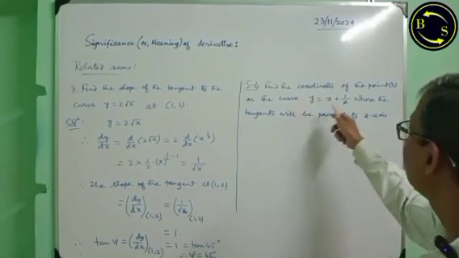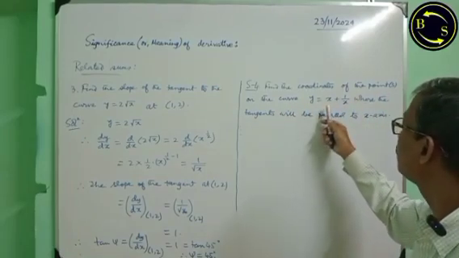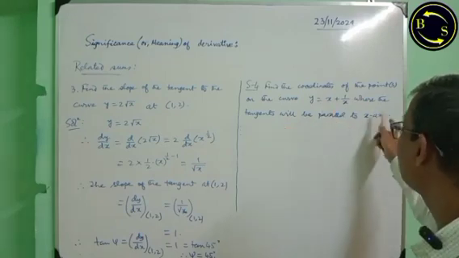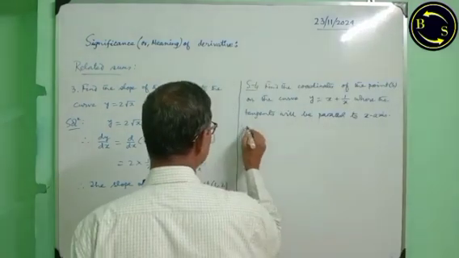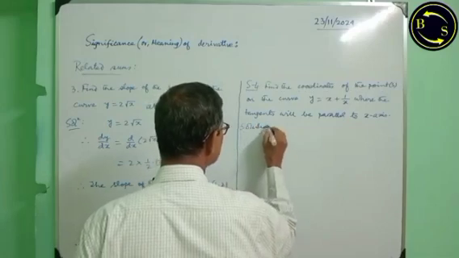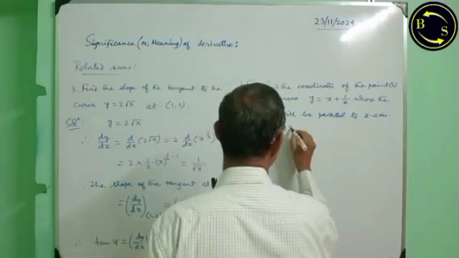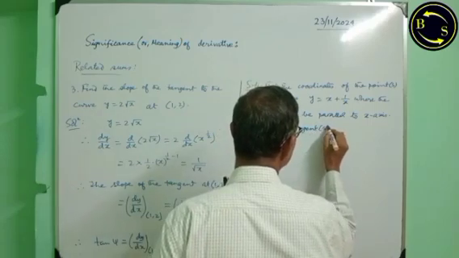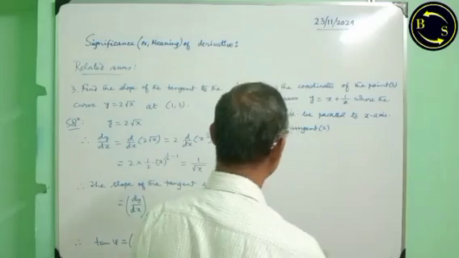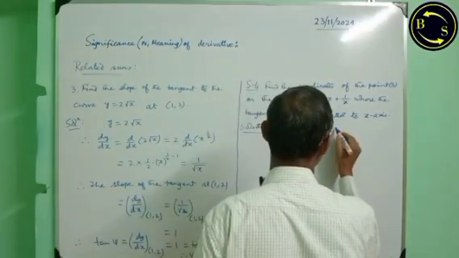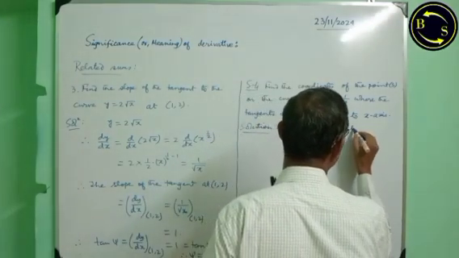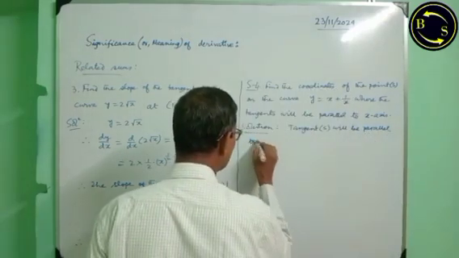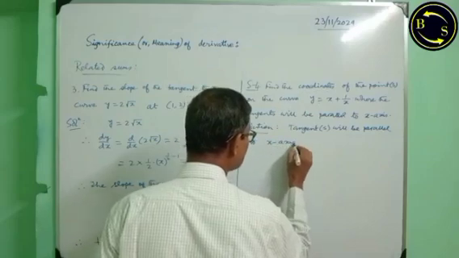Next sum, we have to find the coordinates of the point or points on the curve, this one, y equal to x plus 1 by x, where the tangents will be parallel to x-axis. Tangent, we don't know whether more tangent, therefore I write tangent within brackets will be parallel to x-axis.